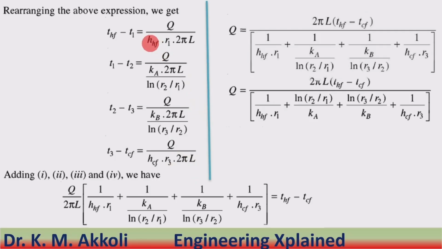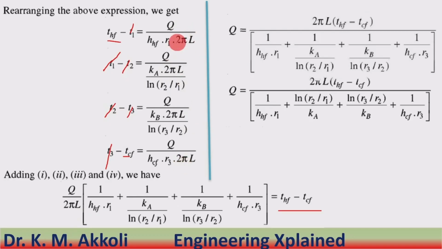Then adding both sides, all these equations, if you add, THF minus T1 and here a plus T1 is there, those will get cancelled. Again T2 gets cancelled, T3 gets cancelled. On the left hand side only THF minus TCF will remain. These two terms are written here. And on this side, Q by 2 pi L is taken common from all the equations.